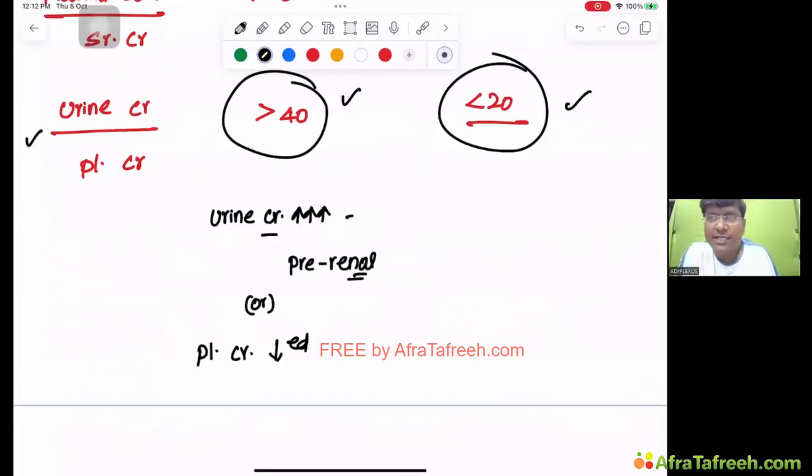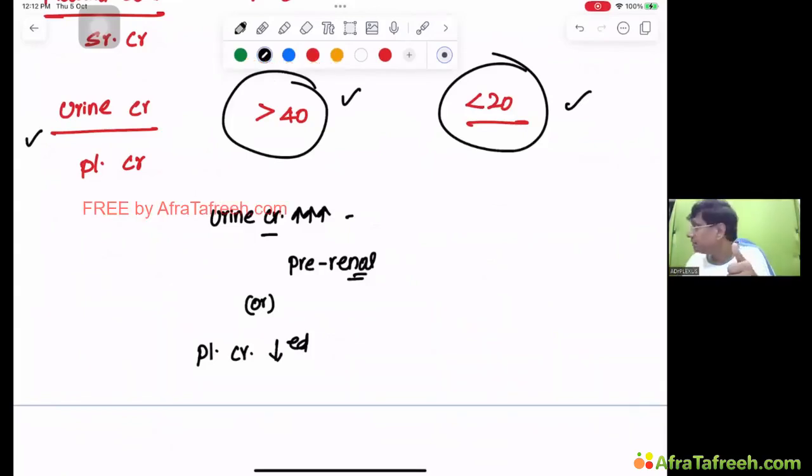Now, the question is, why is the urine creatinine more in pre-renal compared to intrinsic renal? Jacob, you see the etiologies which are causing pre-renal. They are the ones which decrease renal perfusion. What are those etiologies? Decreased volume, which could be because of diarrhea, vomiting, and so on.